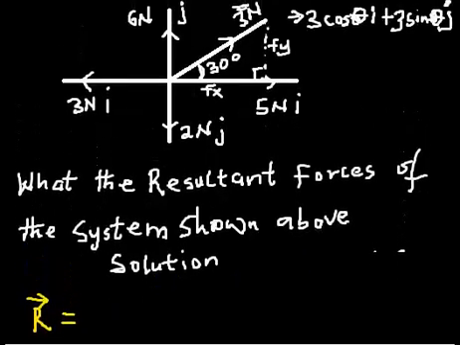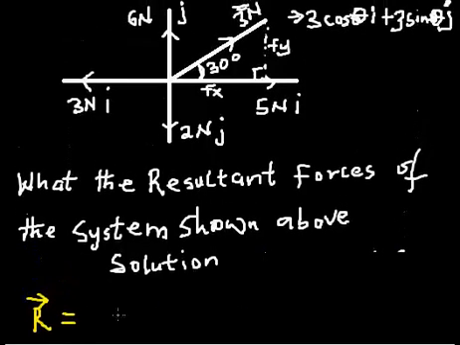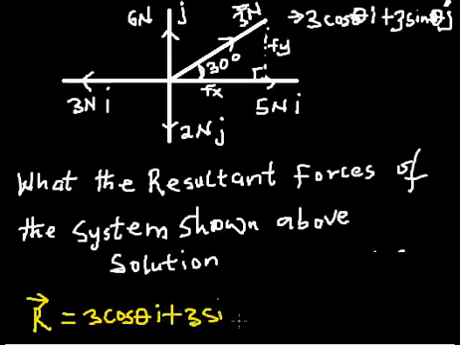So let's sum it. Let me start with the one that's inclined. So I have 3 cos theta in the I direction, then plus 3 sin theta in the J direction. Then plus, let's look at horizontally.